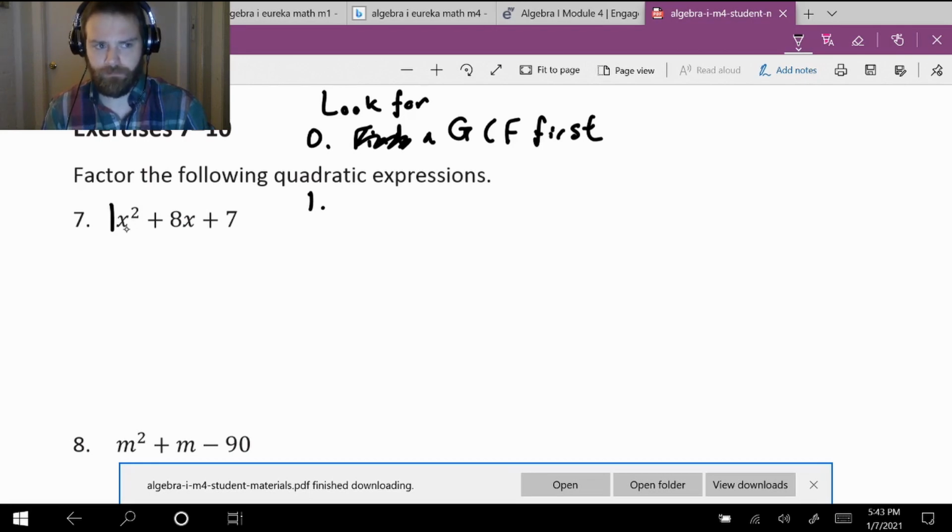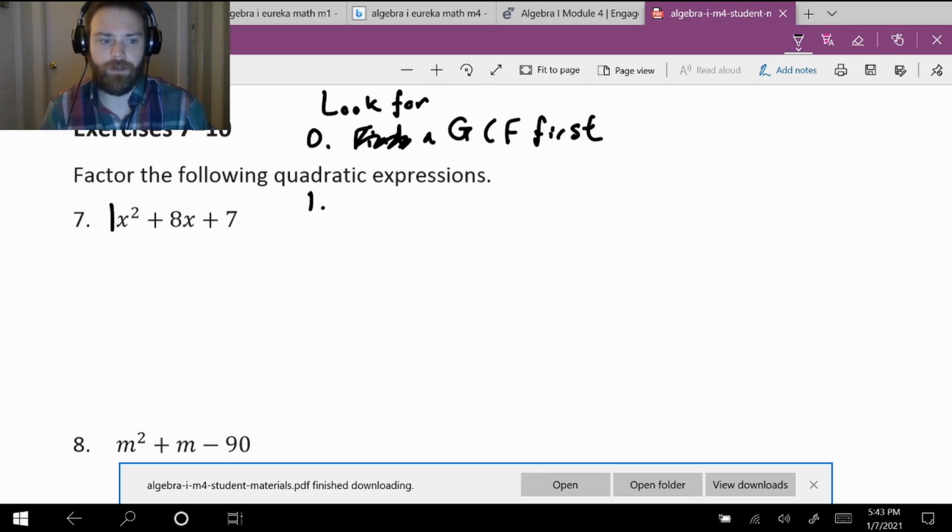So that means the highest number that I can divide all these terms by is 1. And then the highest variable I can take out is nothing. There's no x with the 7. Each term does not have an x in it. So there is no GCF in this one. There may come up some other problems where I have a GCF, but this one does not have one.